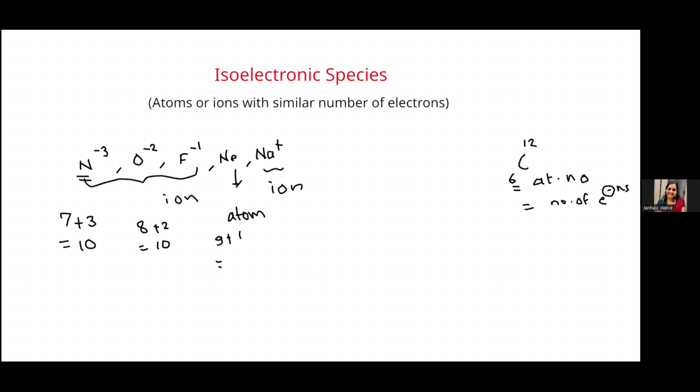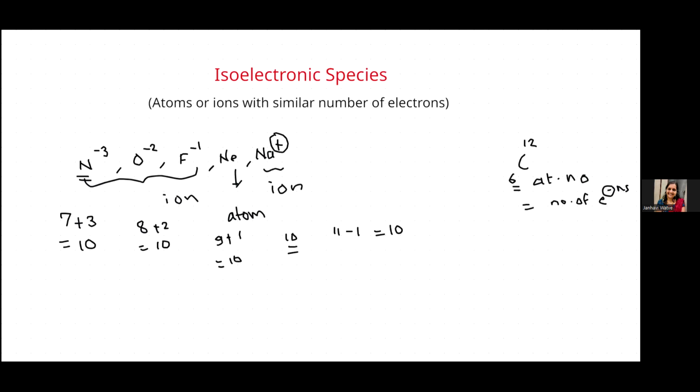What about neon? The atomic number is 10. No charge, so no need to subtract or add anything. The number of electrons is 10. And sodium's atomic number is 11. If you have plus 1 charge, you will remove 1, that is minus 1, and you will get 10. Why minus 1? Because you are removing 1 electron, which means you are getting a plus charge.